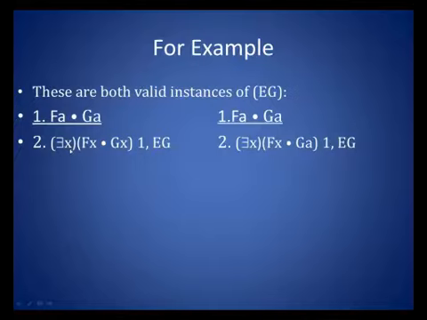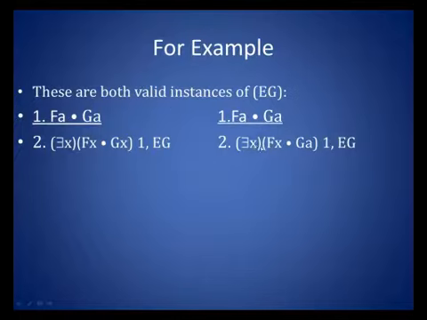I can generalize across the entire line, right? Which means that I can substitute my variable x for the a in F and the a in G. So in this statement, what I'm saying is there exists an x such that x is F and x is G. That's a legal move from 1 EG. Okay?